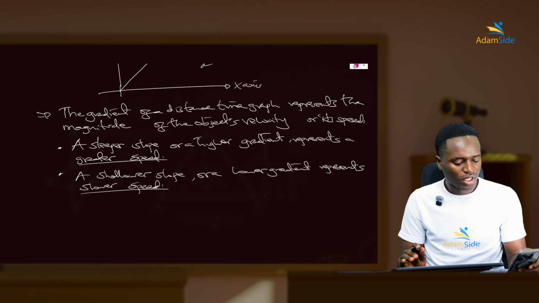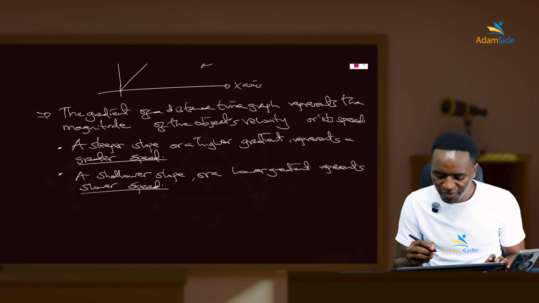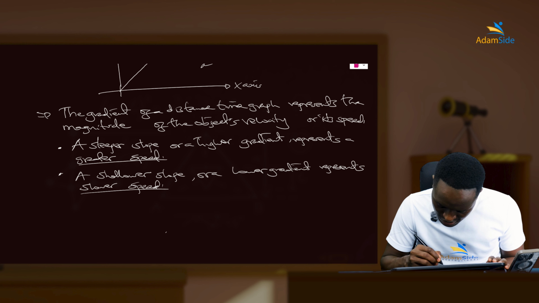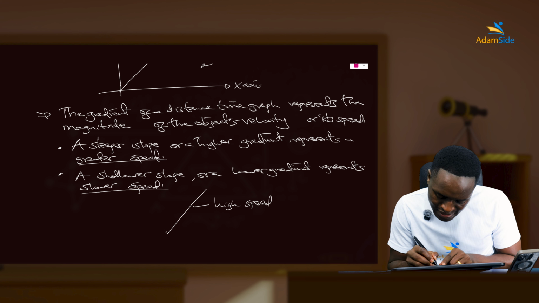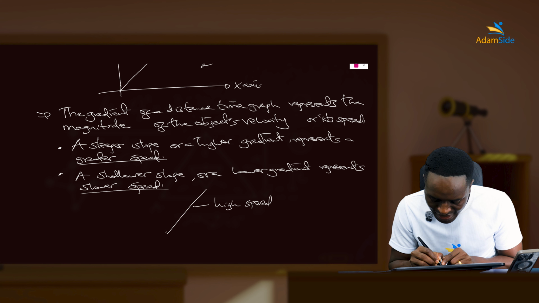So if the slope is very steep, this means high speed. It means a greater distance covered in a short period of time.